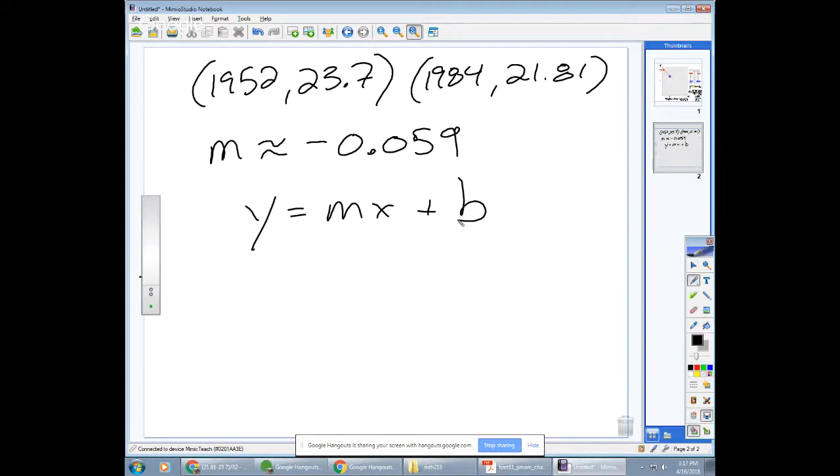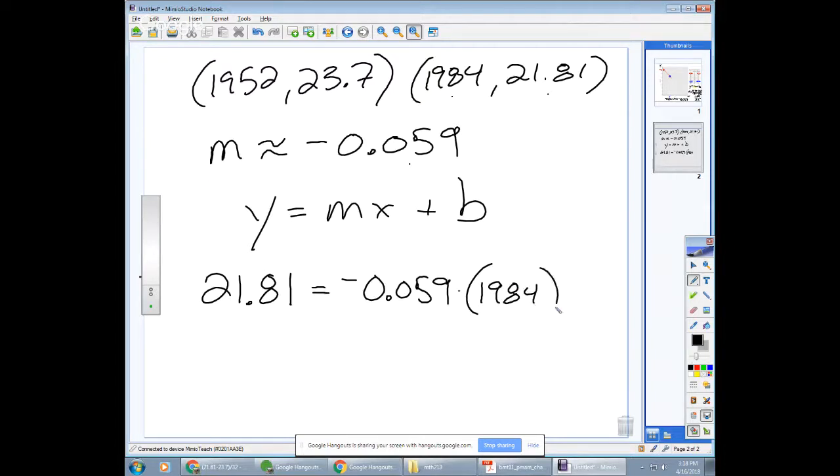And we're just going to plug in, let's say, this second point, and then b will be the only thing missing. So if I plug in y is 21.81, m is negative 0.059 times x, and we put that in parentheses, 1984. Then b is the only thing missing, and I can do a little arithmetic and solve.